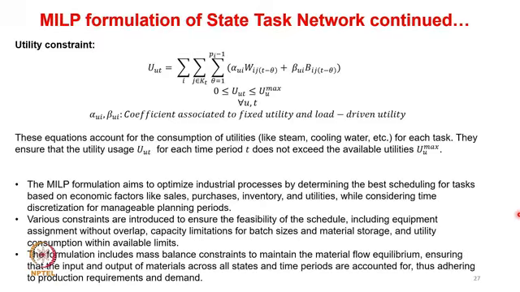The formulation includes, of course, mass balance, to maintain the material flow equilibrium, ensuring the input and output of materials across the states and the time periods are accounted for, thus adhering to the production requirement and demand. So, the material balance formulation that you have learned in the earlier part of the course, this is how we tie it up to the design in an optimization framework, in summary.